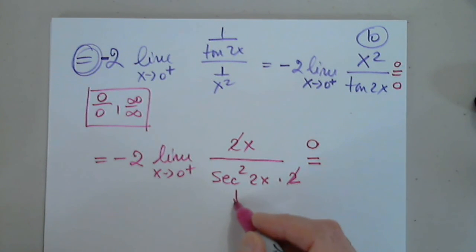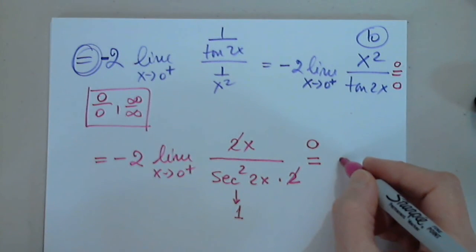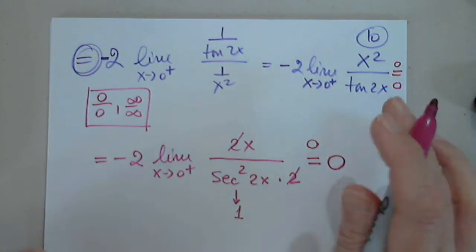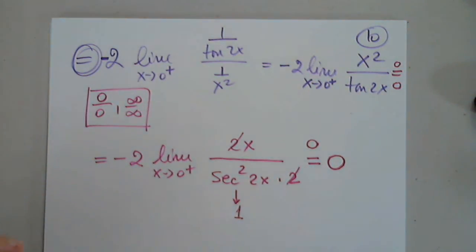Zero. Where does the denominator go? 1. That's it. How much is negative 2 times 0 over 1? 0. That's it.